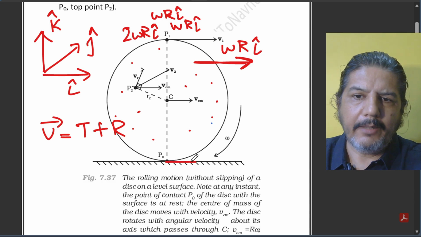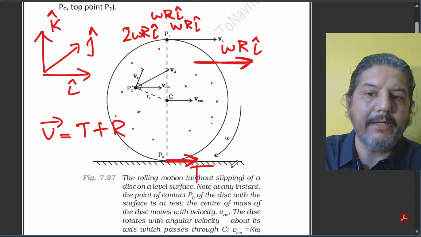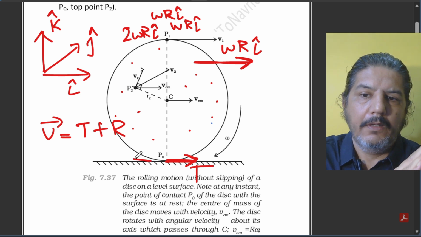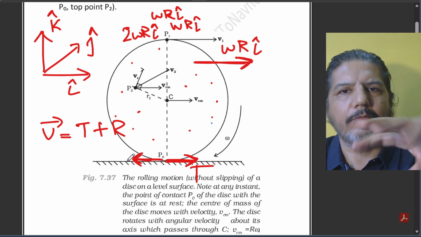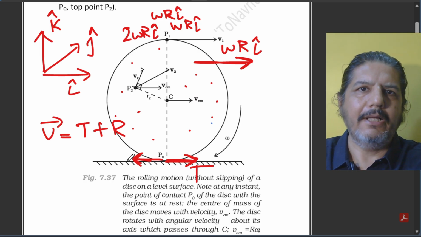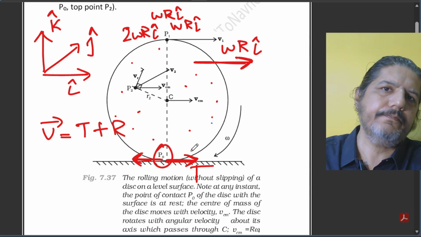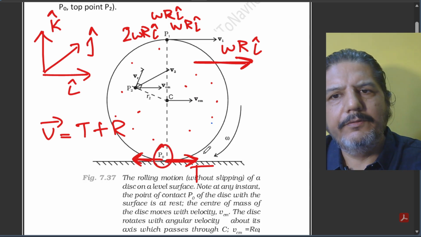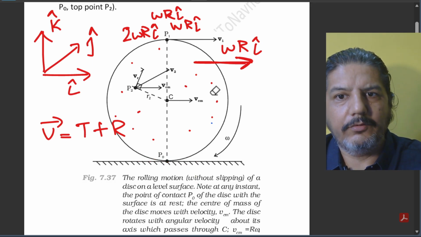But at P naught, the translational part is in this direction, but the rotational part is in this direction. Technically also this makes sense because the wheel is moving like this, moving like this. So they are in opposite direction. So that is why at P naught you'll have a velocity which is 0.